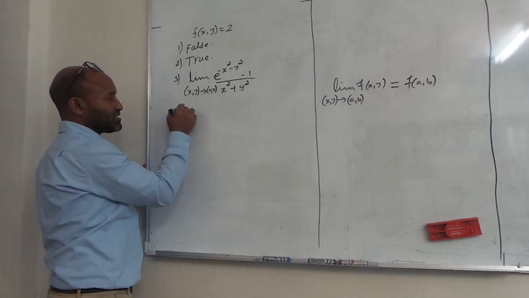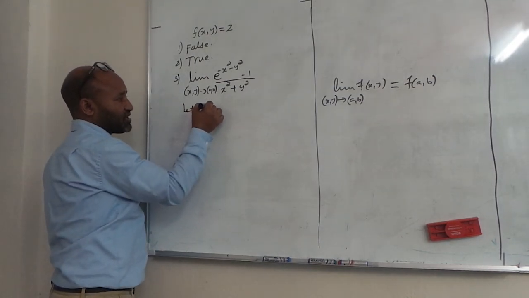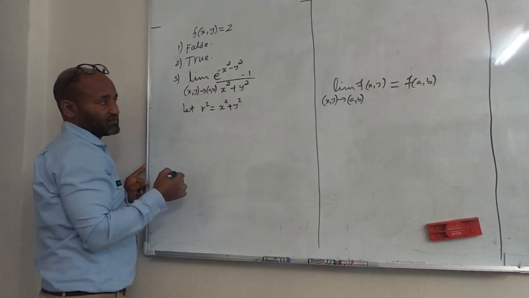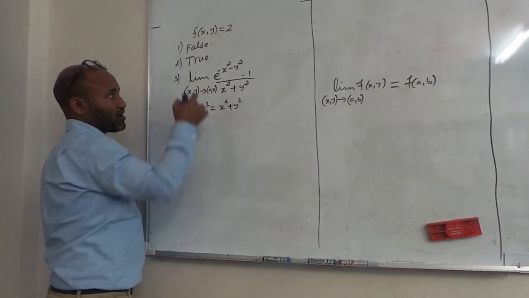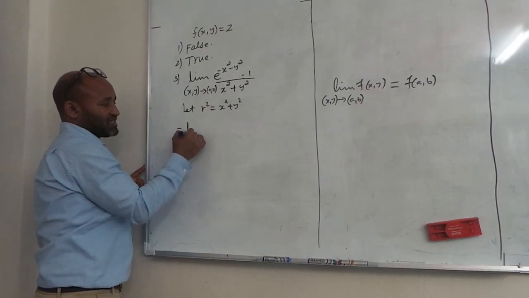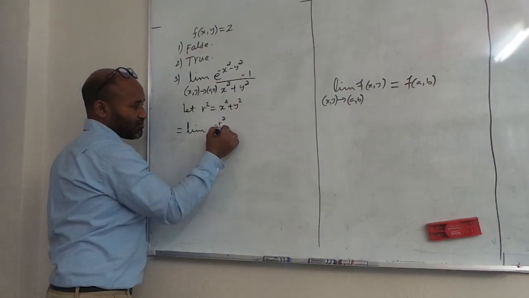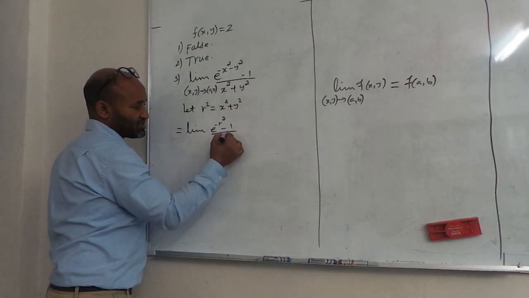Now we can consider, let r square be equal to x square plus y square. So our limit becomes the limit of e to the power of minus r square, minus 1, over r square.